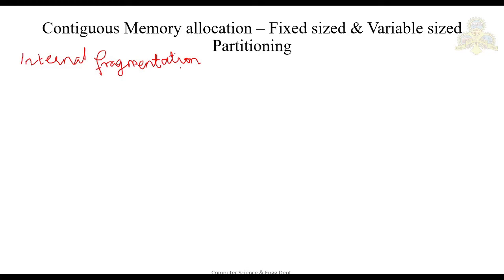It is nothing but this: in fixed partitioning, if you allocate memory for a process, there is a possibility that some memory will be wasted. Why the name internal? Because the memory wastage occurs inside or internally to your fragment, partition or hole.